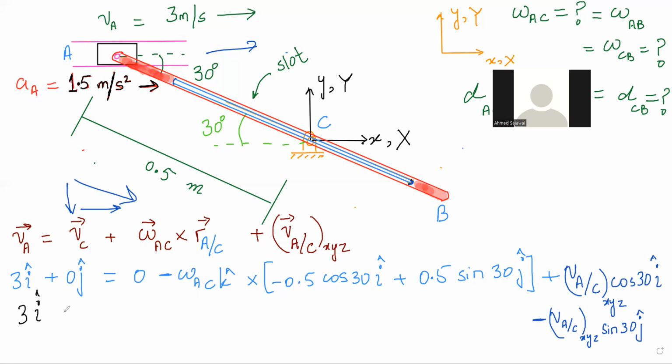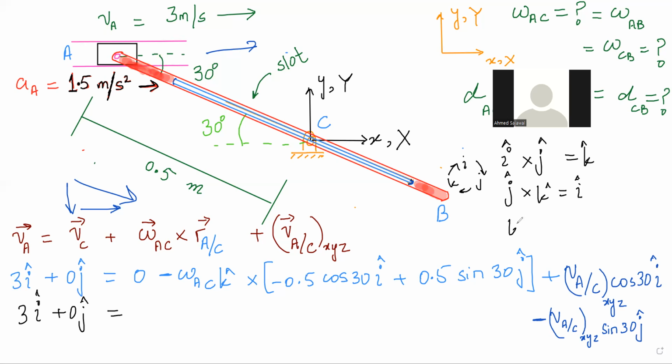So 3 equal to, hang on, plus 0j equal to. So I cross j equal to k. What was that? I never remember. I cross j equal to k, j cross k equal to I, k cross I equal to j, and if you flip them a negative sign appears.